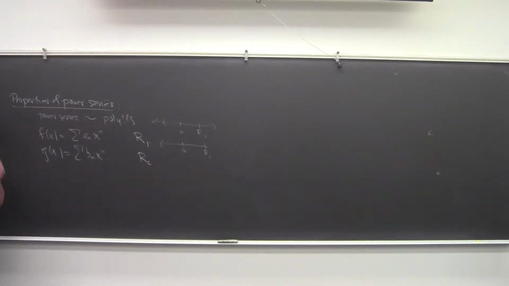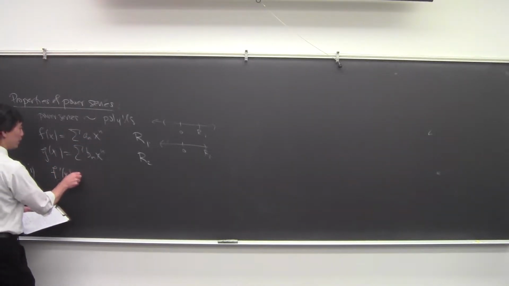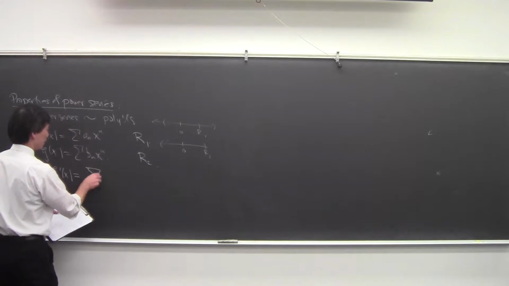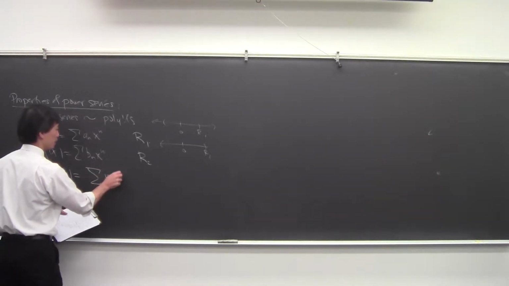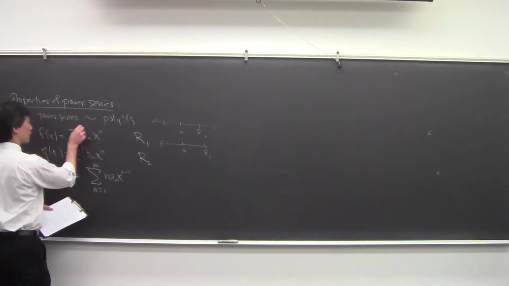This said that if you took the derivative of f, one big thing was that the derivative of f could be obtained by taking the derivative of the power series term by term, right? And you end up with n a sub n x to the n minus 1, from n equals 1 to infinity.